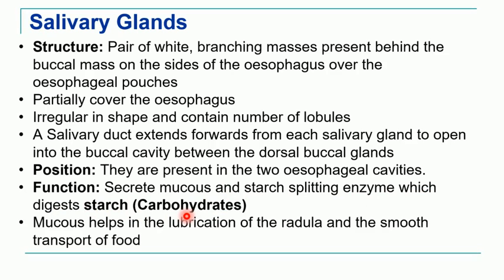Since the majority of the food consists of starch and cellulose in Pila, it requires the digestion of starch, and that is carried out by the enzymes present in the mucus of the salivary glands. Also, the second function of this mucus is the lubrication of the radula, and thus it helps in the smooth transport of the food.